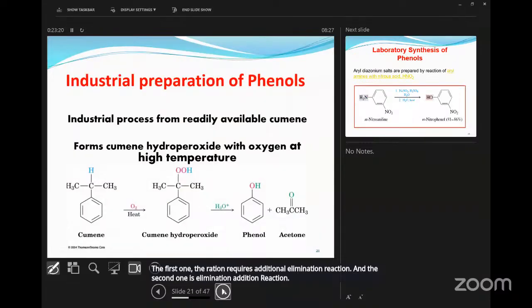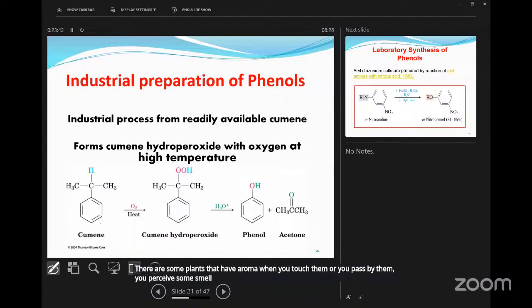So going on with this industrial process, you have to use readily available material, which is cumene, a very available material, and cumene is actually a natural product that is found in essential oils. Essential oils are found in aromatic plants, plants that smell. You know, there are some plants that have aroma. When you touch them or you pass by them, you perceive some smell.